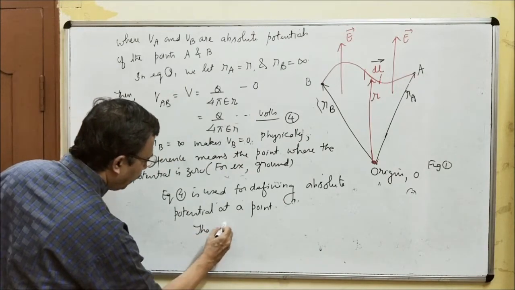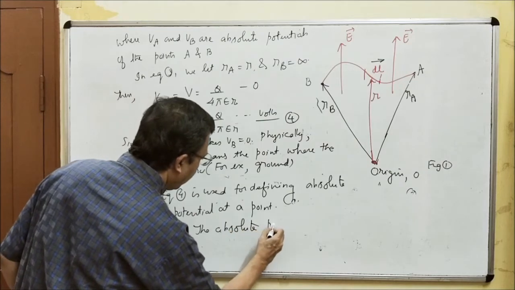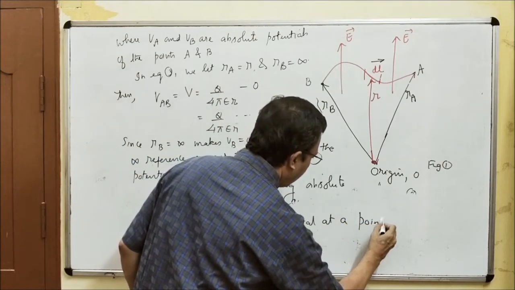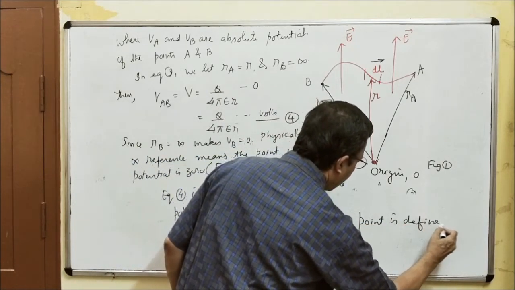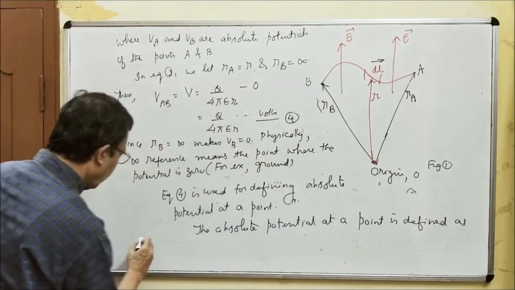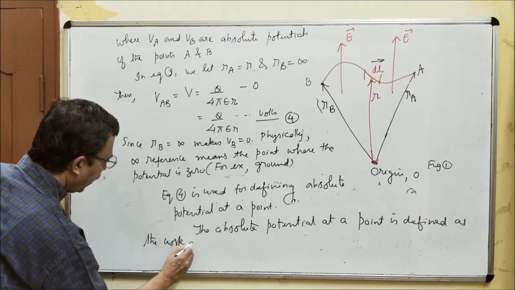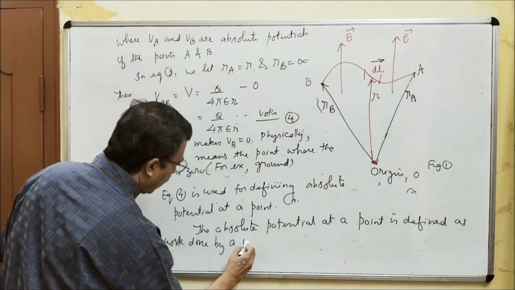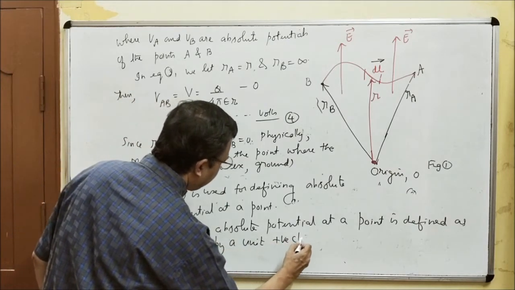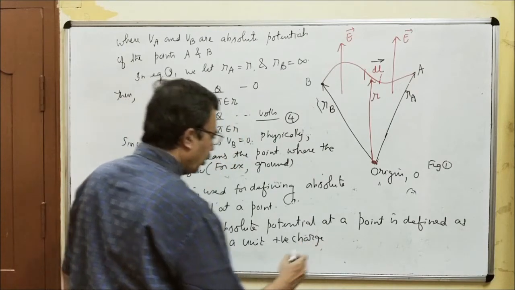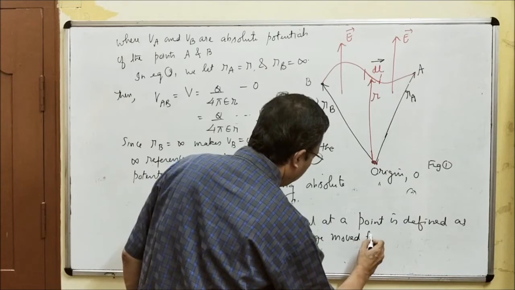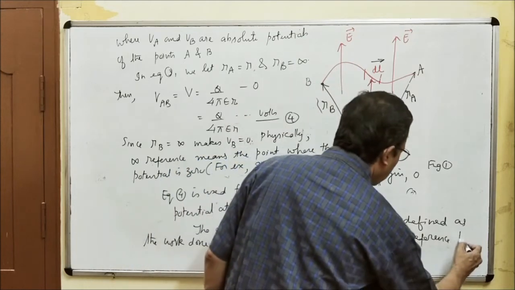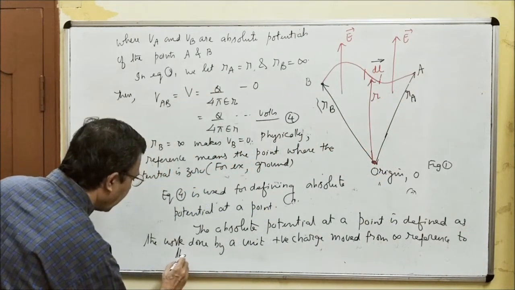The absolute potential at a point is defined as the work done by a unit positive charge moved from infinity reference, which means ground, to the point under consideration.